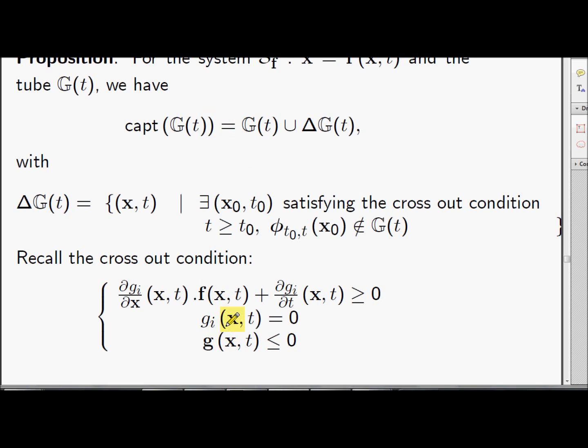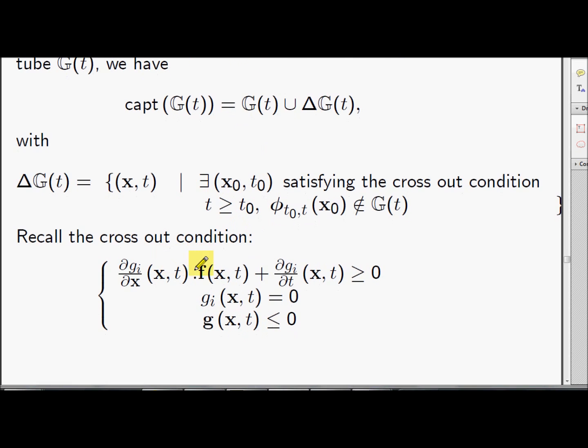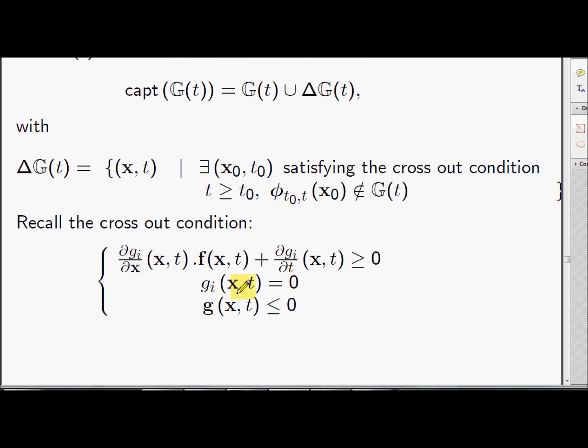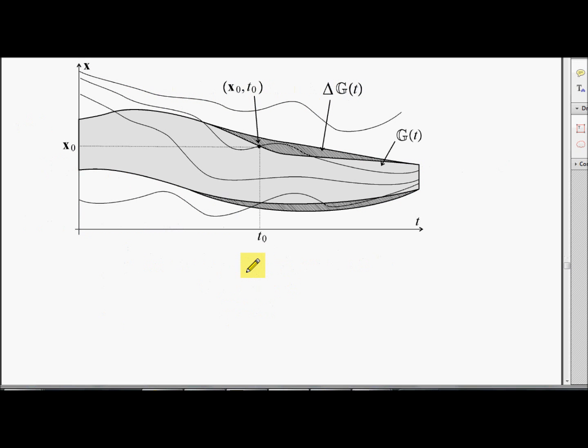Of course, I recall the crossout conditions, which are defined by inequalities. So it corresponds to the part of the trajectory which goes from inside to outside the initial tube. And I have a representation here.